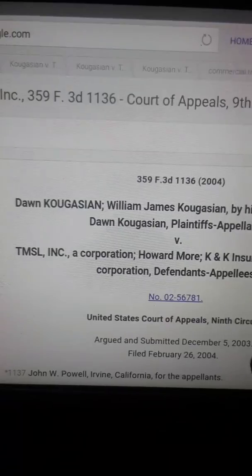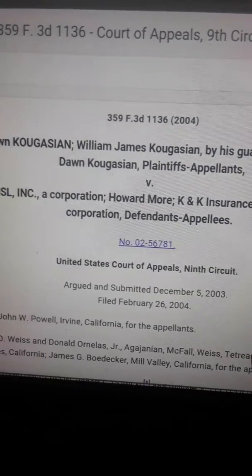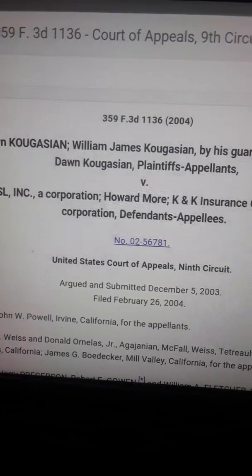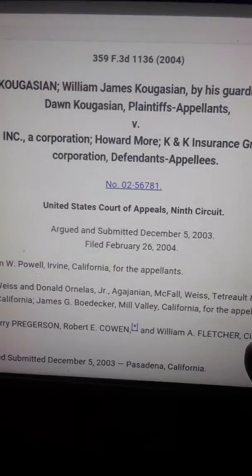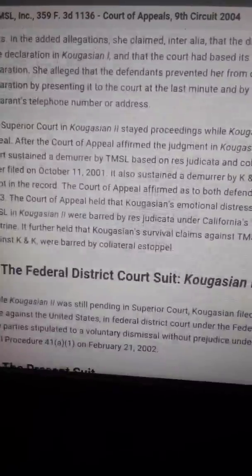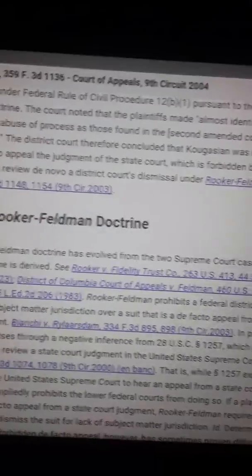So, when you as a pro per litigant, and they say, oh no, the federal court cannot even look at the case because it's a state court decision, they don't have jurisdiction to look at it, you come back with this case and use all the cases within this case. They got other cases inside of this case that are stronger than this case. Look at that.